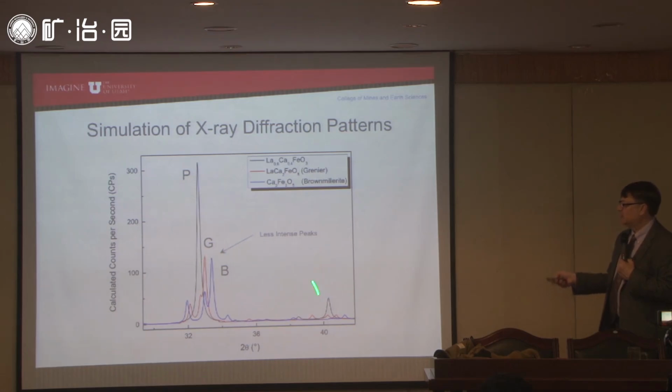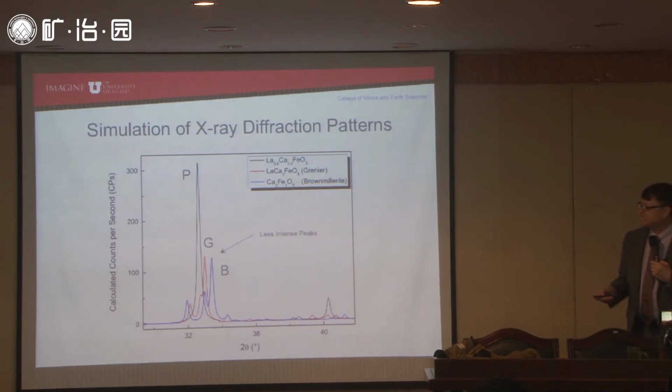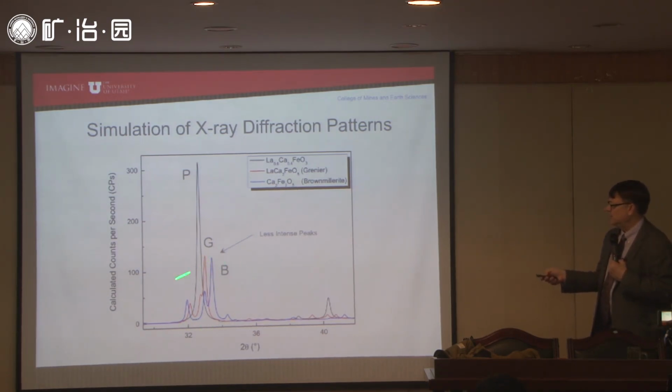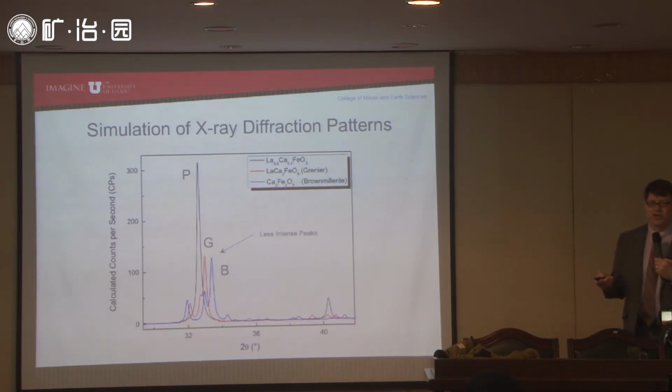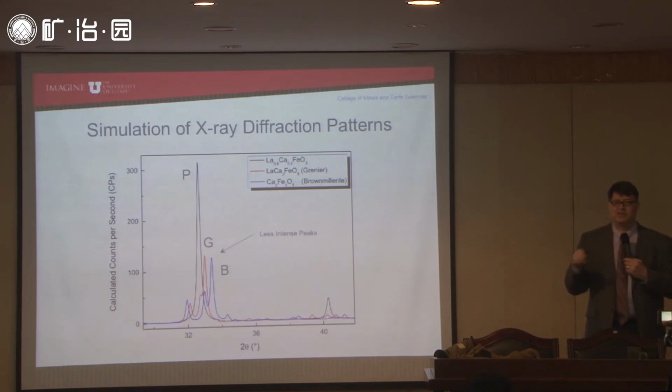Now this scale is blown up dramatically. And there's a couple things I want you to note. One, make note of the fact that this is a quantitative calculation. And you'll note that the perovskite peak is much, much larger than the Grignard and the brown-millerite peak, okay? And also you'll notice that these peaks are very, very close together, and they actually overlap with one another. So just imagine if you have a mixture of a lot of perovskite and a little bit of Grignard phase.